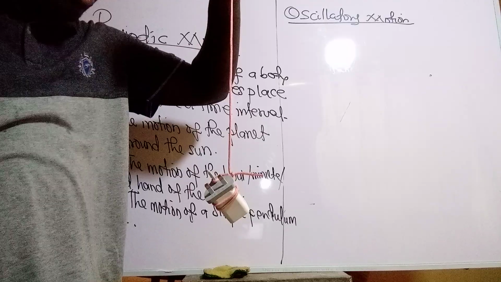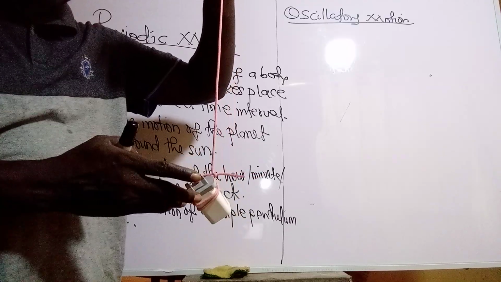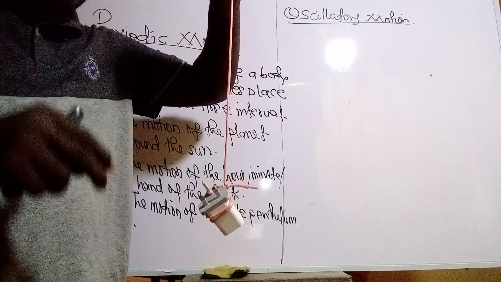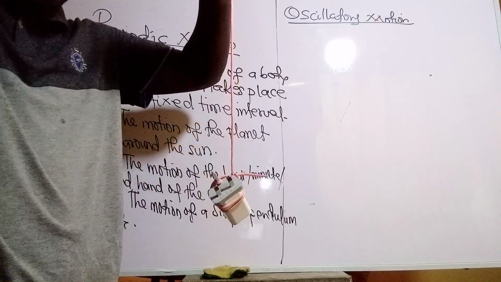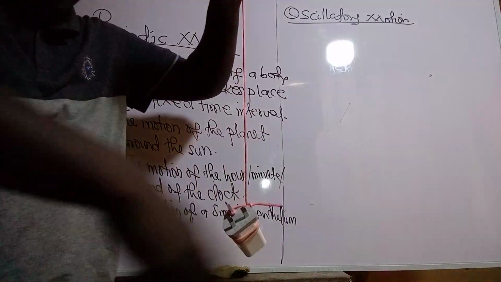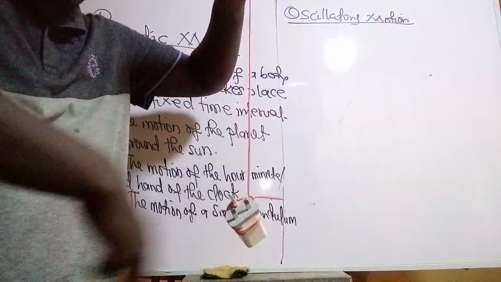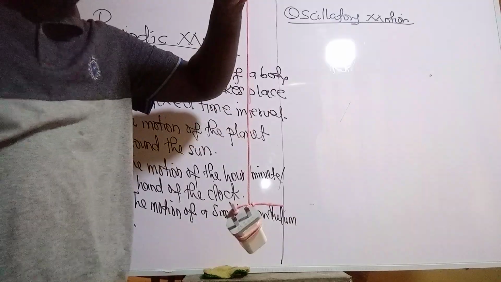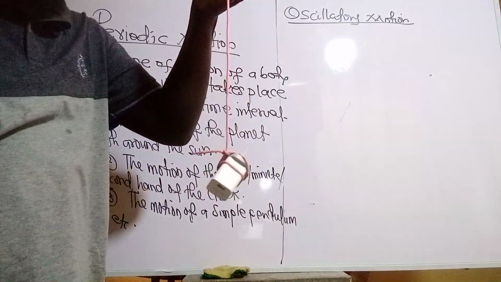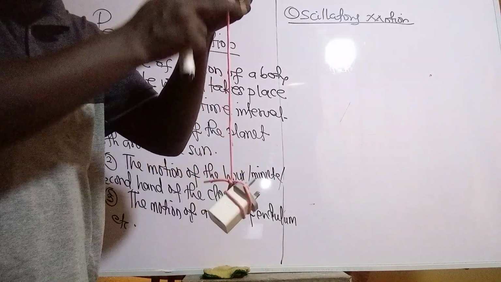A simple pendulum is any mass connected to a string and then tied to a fixed point or a rigid position and made to oscillate. So this is a simple pendulum. This is the mass, this is the string.